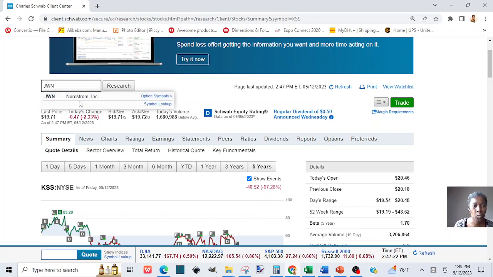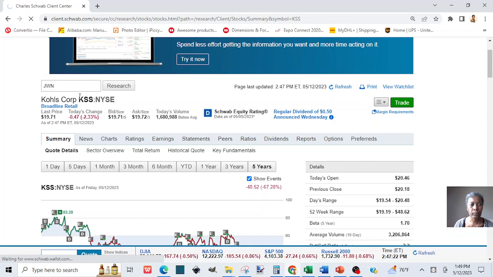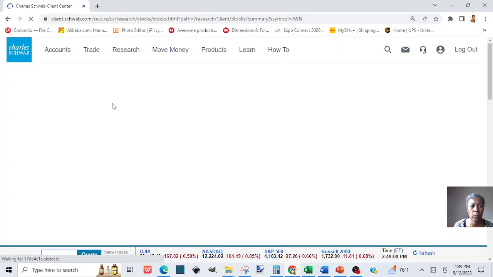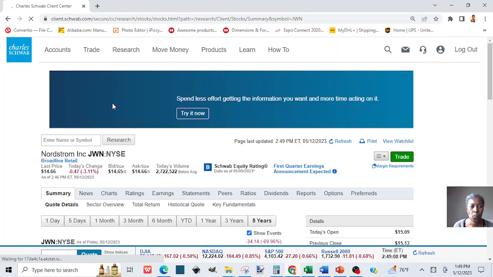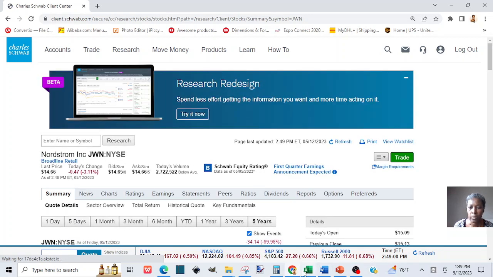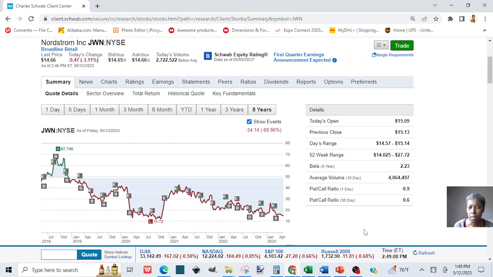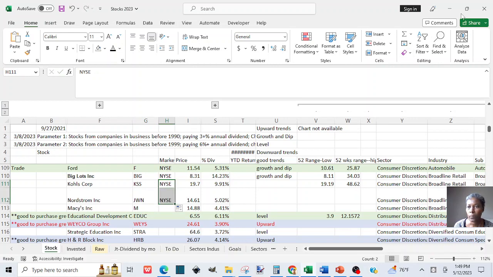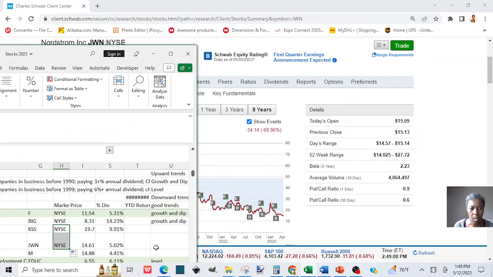So we are going to put Nordstrom's, and we are going to see the market it is sold on, the New York Exchange, and how low it went.